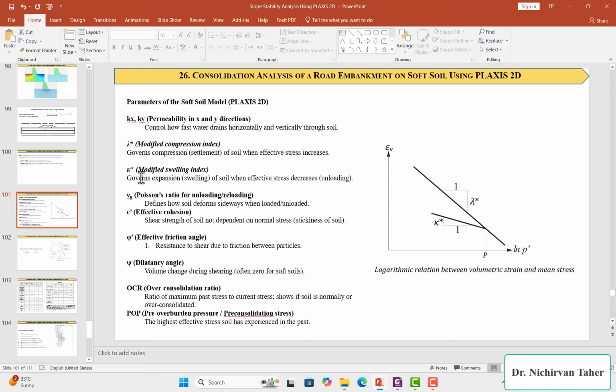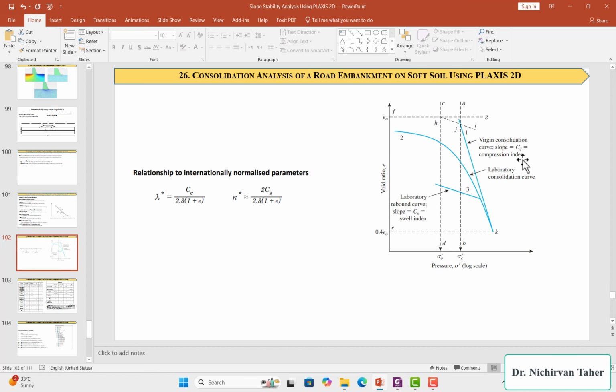Also, we have another two important parameters: the modified compression index and the modified swelling index. As you can see, this is a logarithmic relationship between volumetric strain and mean stress, so from this relationship these parameters can be found. Or instead of these two parameters, we can use the compression index and swelling index.